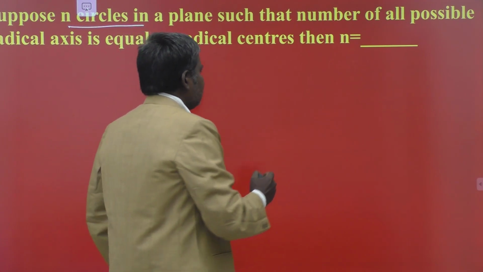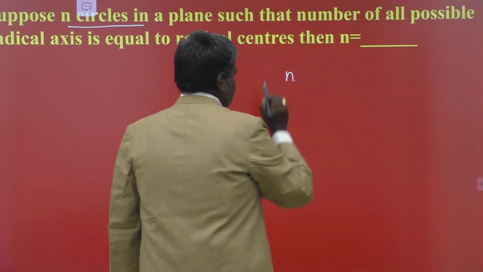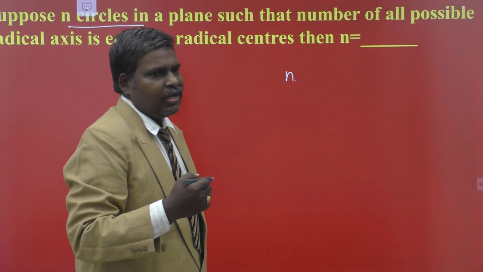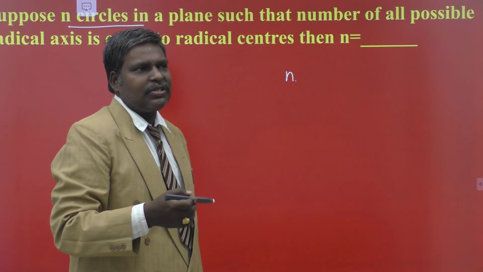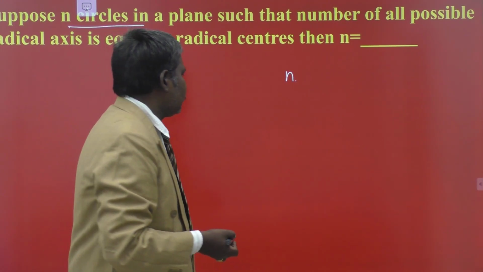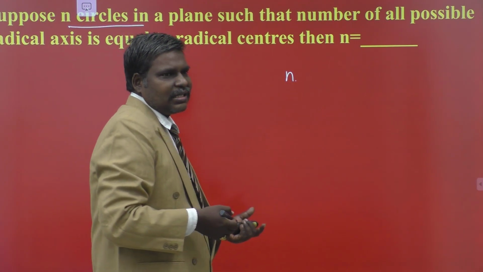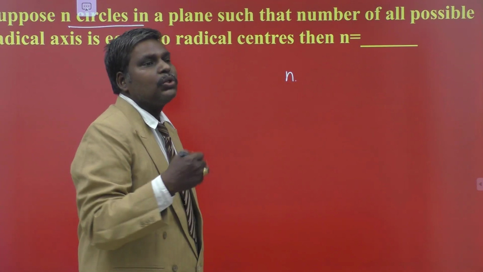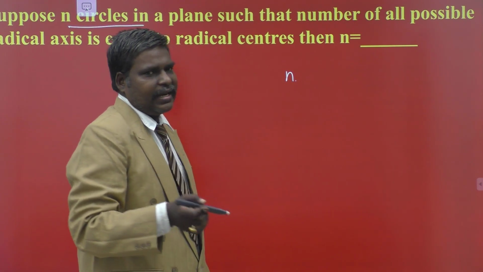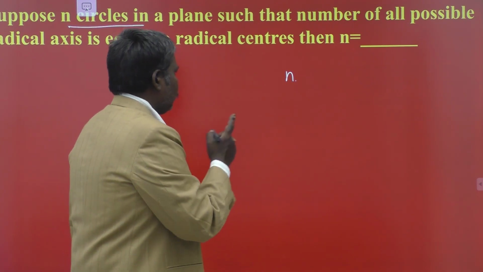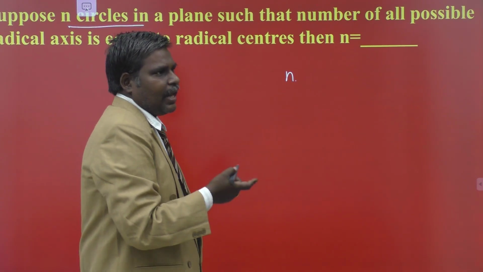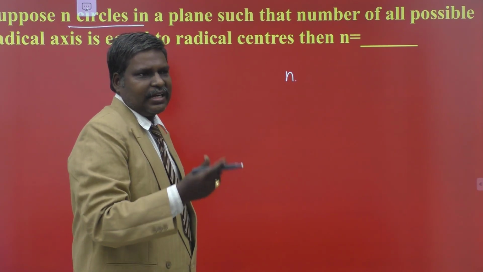So how many circles are in the plane? There are n circles. We are preparing all radical axes, that means all possible radical axes are drawn. To get a radical axis, how many circles do you need? Two circles. For every two circles, there exists a radical axis. We are taking the maximum number of radical axes and the maximum number of radical centers, and both are equal.